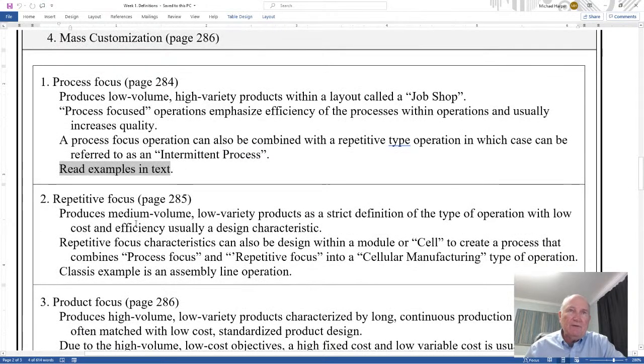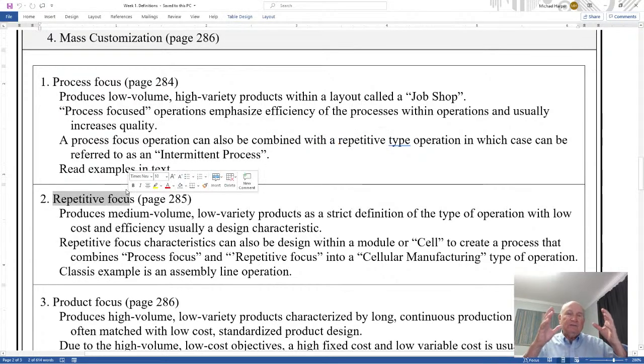2, repetitive focus. This produces medium volume, low variety products as a strict definition of the type of operation, with low cost and efficiency usually a design characteristic. I say medium volume because it's repetitive. Repetitive can be part of the process, and the intermittent process could have repetitive in it.